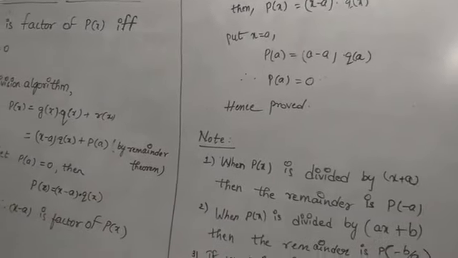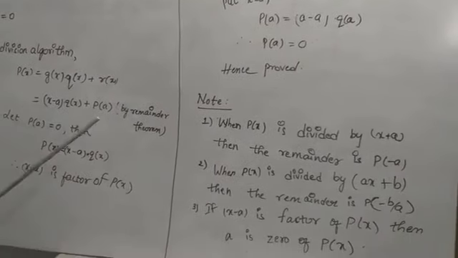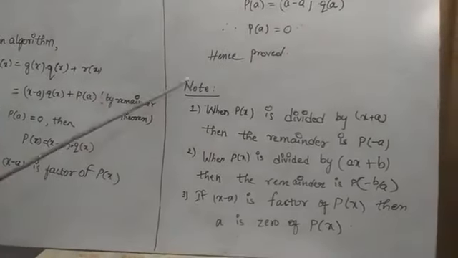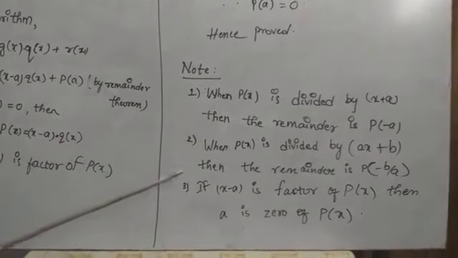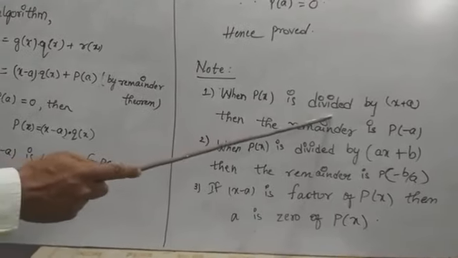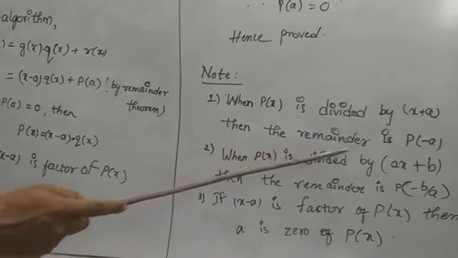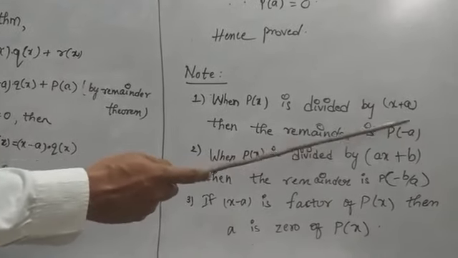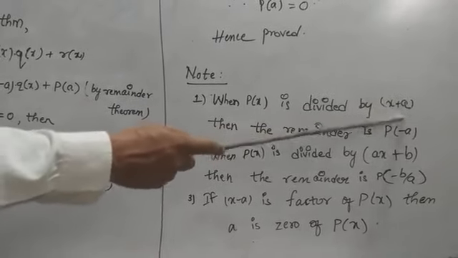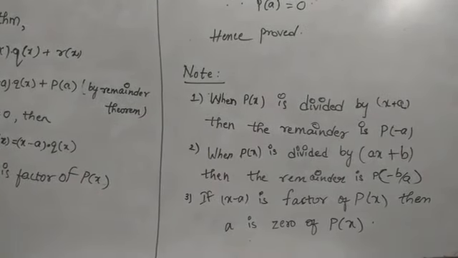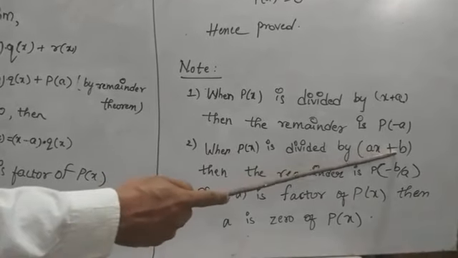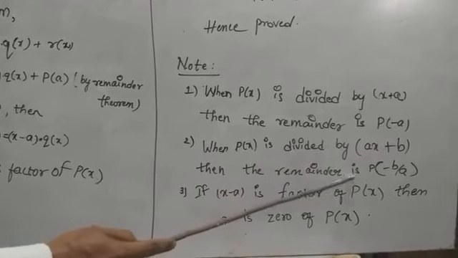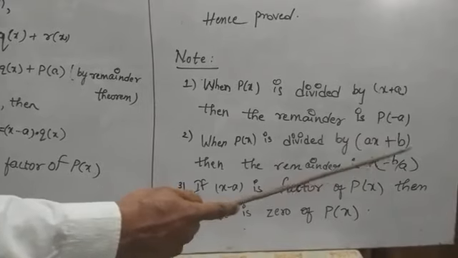Note, while observing this factor theorem and remainder theorem, we can consider some shortcuts for objective purposes. When p of x is divided by x plus a, then the remainder is p of minus a. Similarly, when p of x is divided by ax plus b, then the remainder is p of minus b by a.